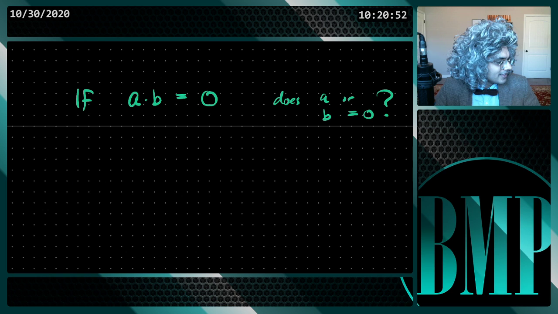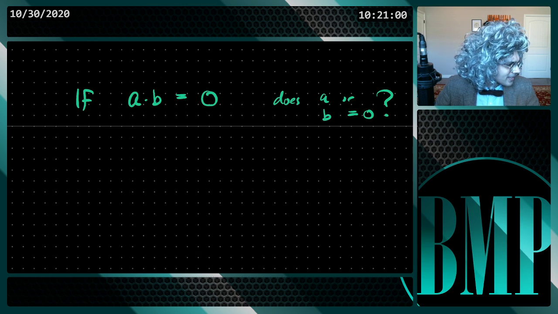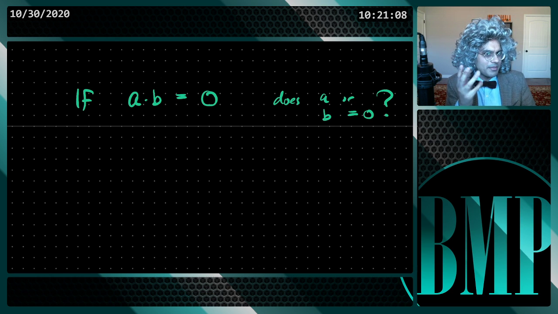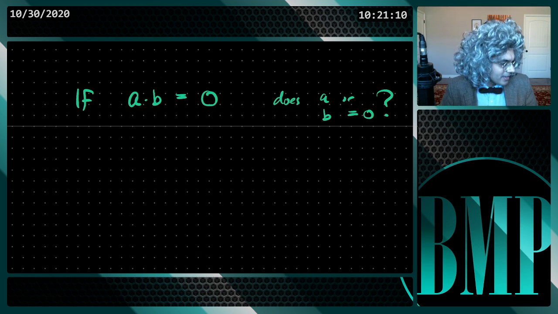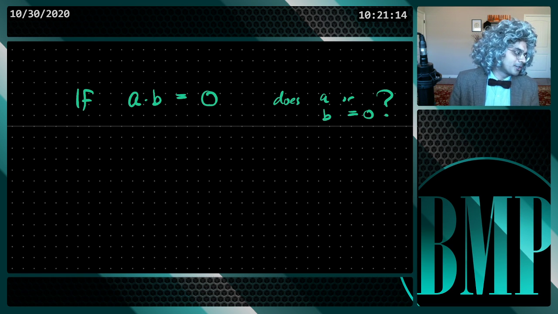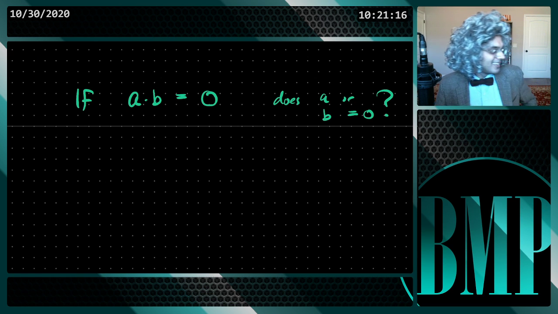Maybe the integer versus non-integer. I don't even know how to say that. Oh, integral. Yeah, so that must be the word integral. Yeah, that's what we say too. Integral. It's an integral domain.